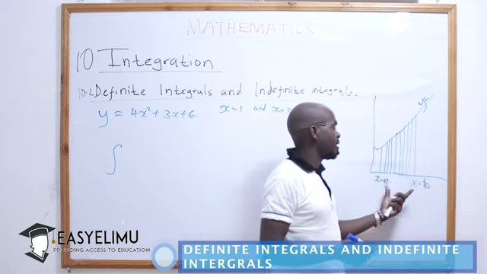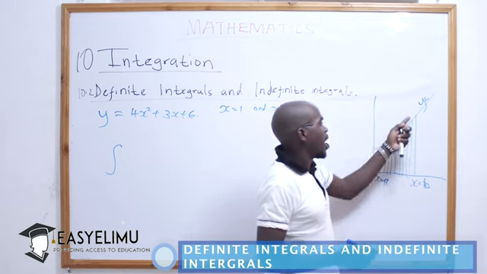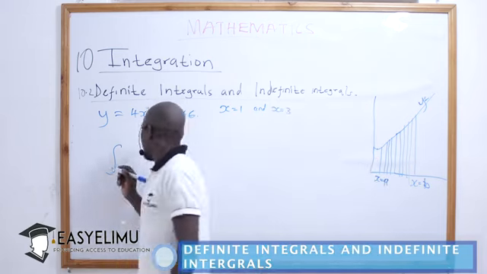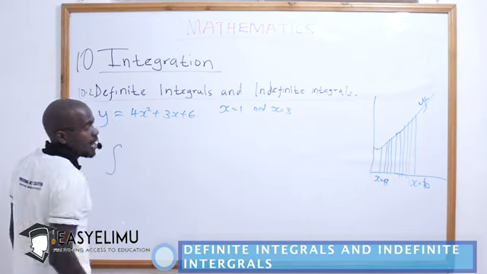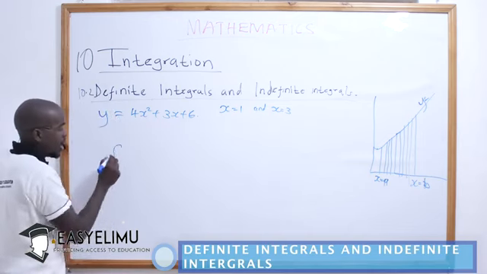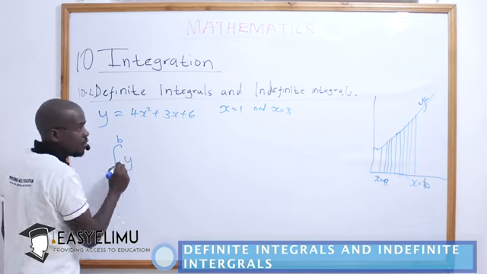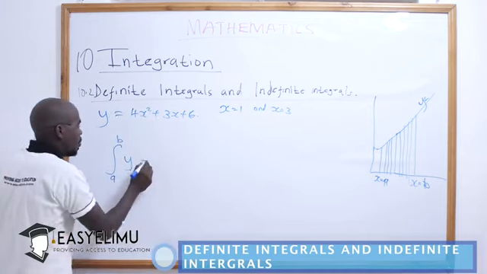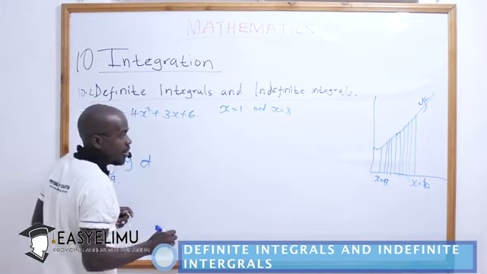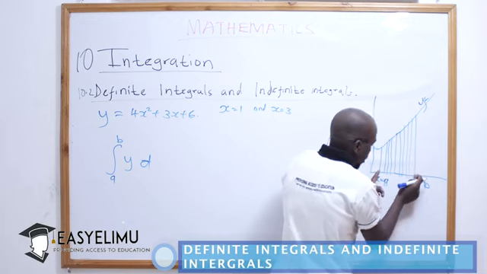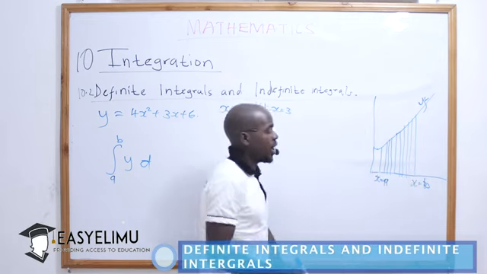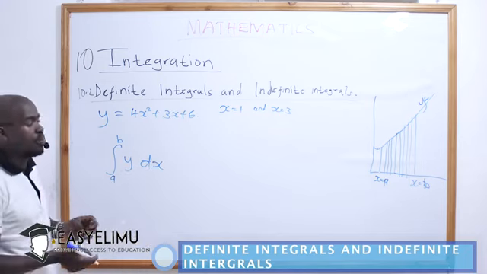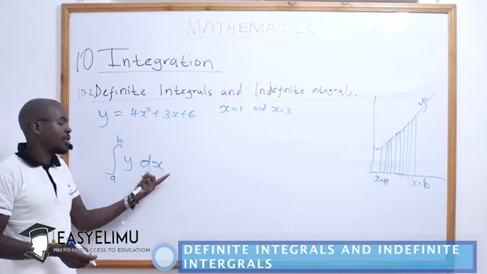We integrate this curve from x equals a to x equals b. The curve y is integrated with respect to x, because x is the one varying from a to b.